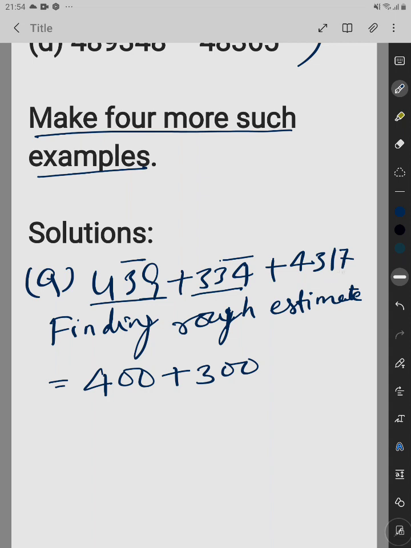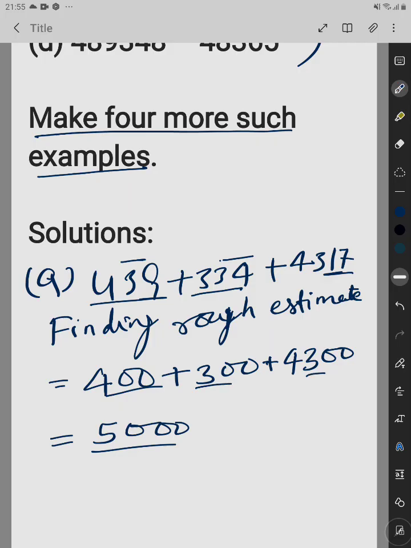For this one, 4317, for 100 we consider the last two digits only, so it will be 4300. So how much will be the answer? The answer will be 5000. I think you got my point: if you add this and this, it will be 500.